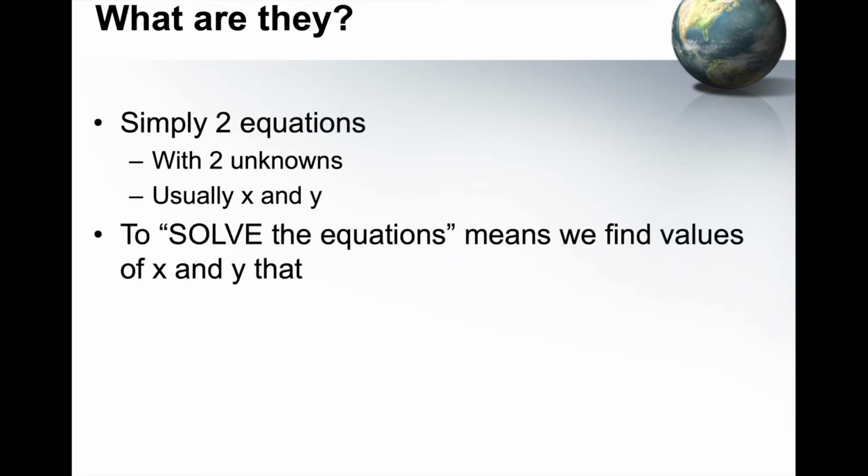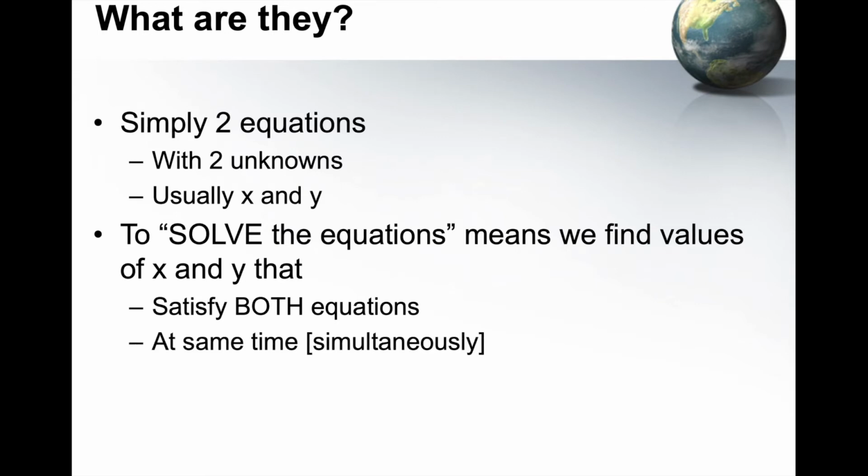When you're asked to solve the equations, meaning you are asked to find the unknowns x and y, those x and y must satisfy both equations at the same time, or simultaneously. So there you go, simultaneous equation.